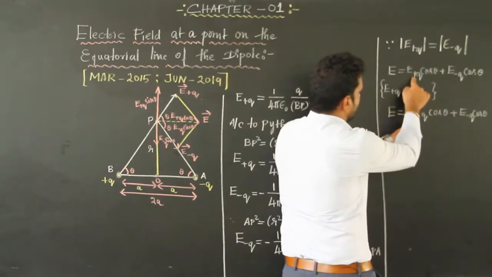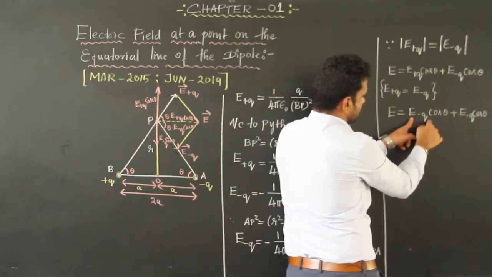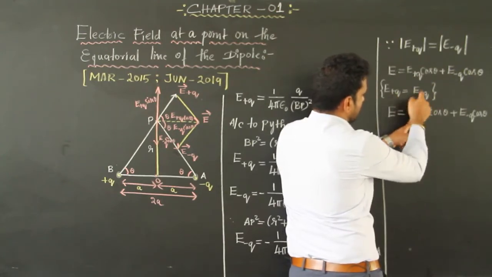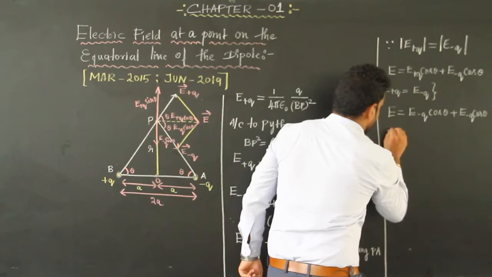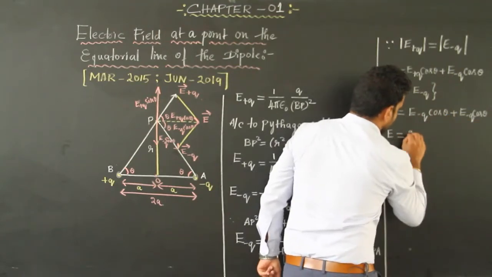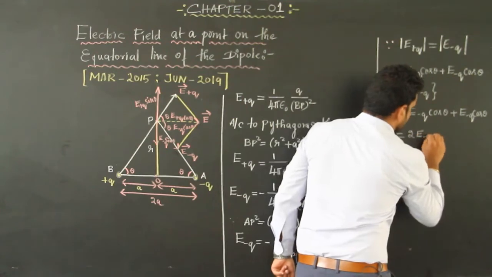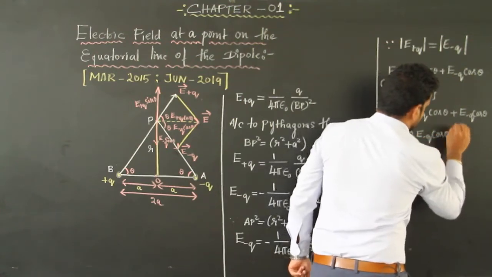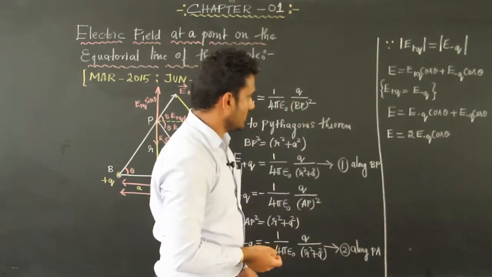Look at this: in the place of E plus Q, I have written E minus Q only, because both are equal in magnitude. So E minus Q cos theta plus E minus Q cos theta becomes 2 E minus Q cos theta.